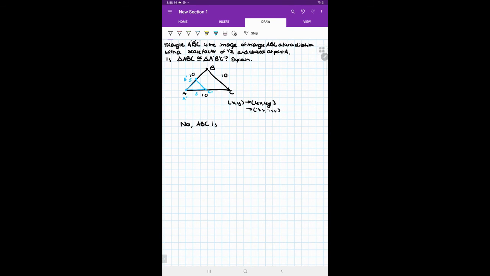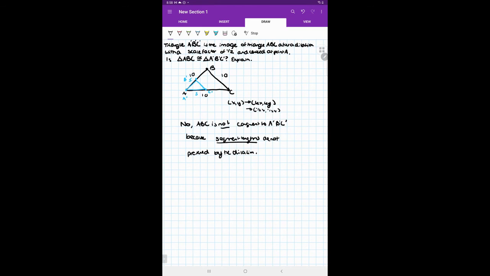Maybe I'll just write this out. ABC is not congruent to A'B'C' because distances, or let me explain that, segment lengths, the sides of the triangle, are not preserved by the dilation.